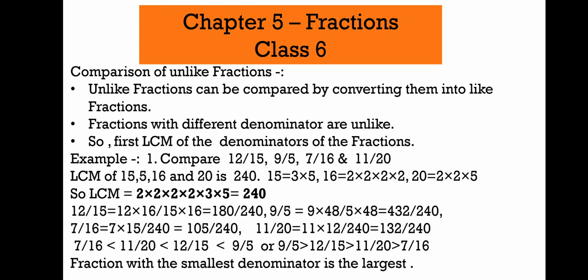Now I have given both the orders: first was ascending, now it is greatest to smallest, that is descending. Fraction with the smallest denominator is the largest. Just see that. 9 upon 5 has the smallest denominator, and it is an improper fraction also, so it has to be greatest. That also you have to check.